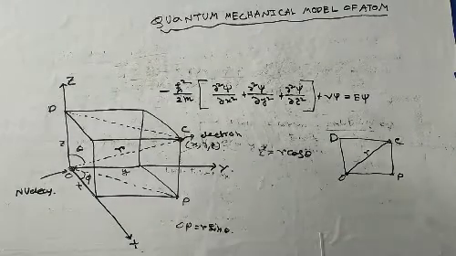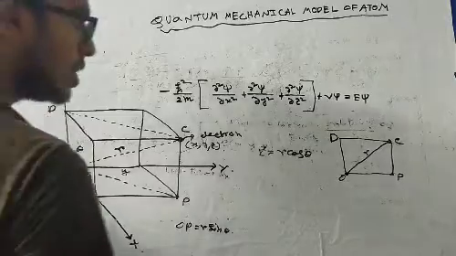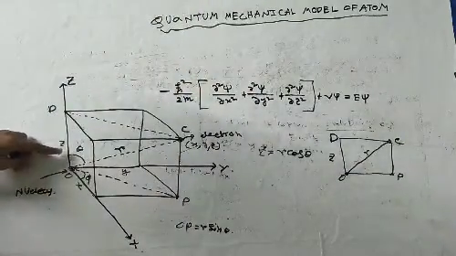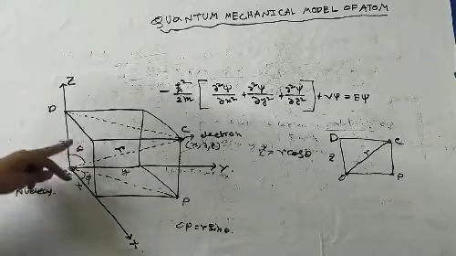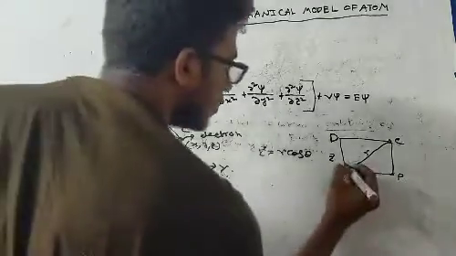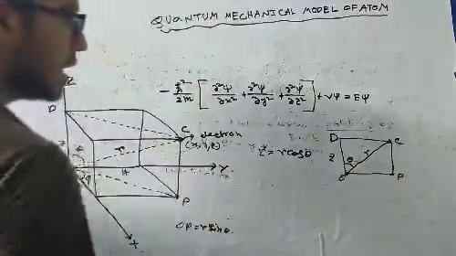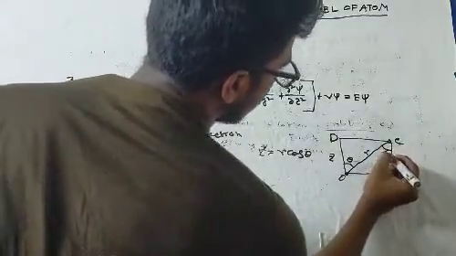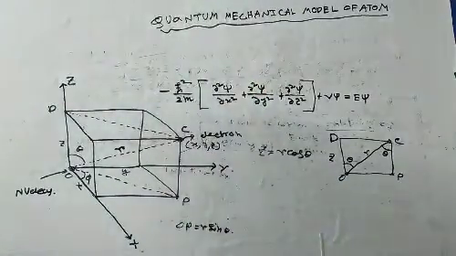Now this OD is nothing but z. The angle between r and z, that means the angle between r and OD, equals theta. If this angle is theta, then this angle also should be theta.